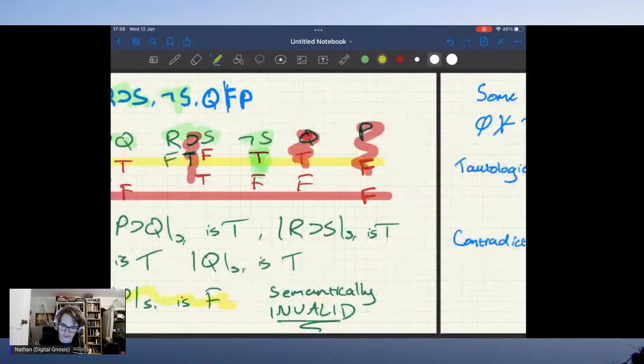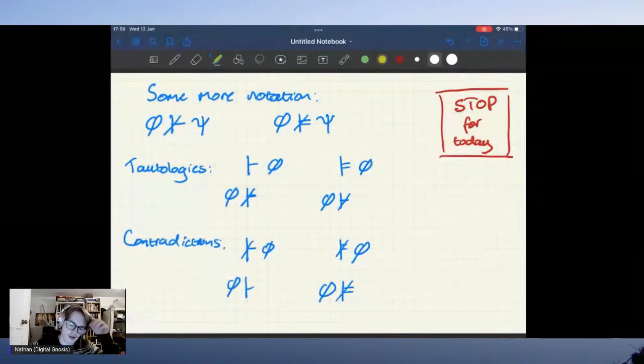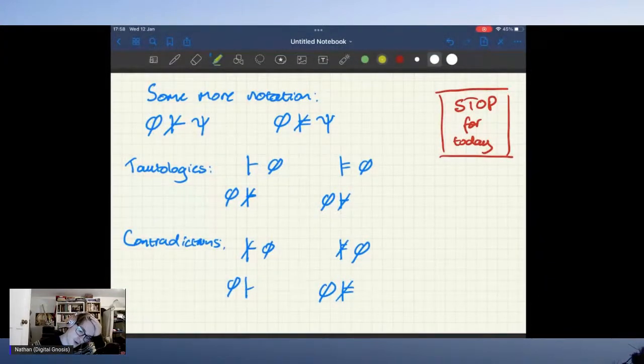Okay. So we're going to stop after this slide, though. Well, I'll talk about what's on this slide first. So here's some more notation for you about our combinations of well-formed formulas. So we've talked a little bit about when I say some well-formed formula here on the left syntactically entails some well-formed formula here on the right.